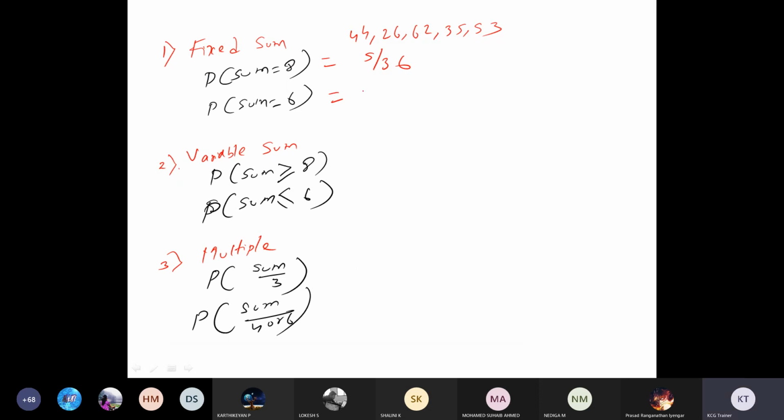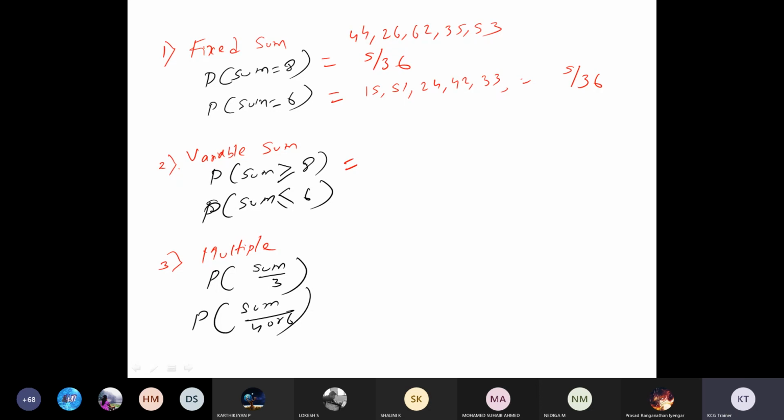Again, for exactly equal to 6, what is the answer? You will get 1,5, 5,1, 2,4, 4,2, 3,3. So it is nothing but 5 by 36. Now tell me for variable sum, probability sum greater than equal to 8. Sum should be at least 8 and also greater than 8.